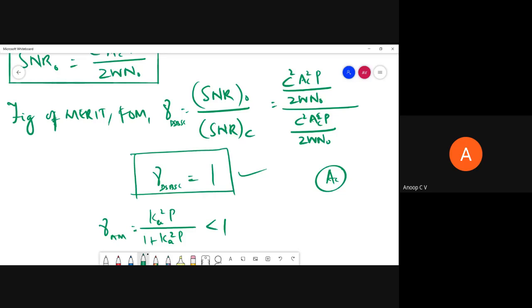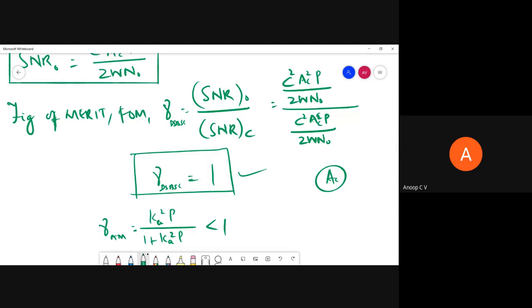So the power in the carrier does not contribute to the information part of the signal. That's why the figure of merit of AM, Ka square P divided by 1 plus Ka square P, is less than 1. Then maybe we will do a problem of finding the figure of merit of a single tone modulated signal.